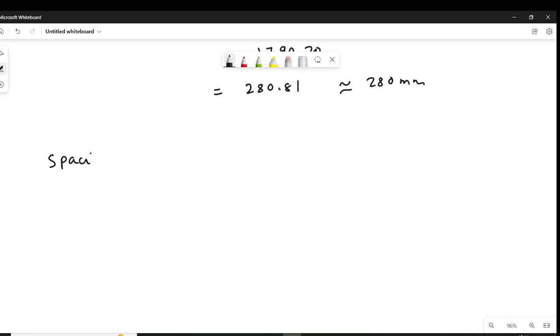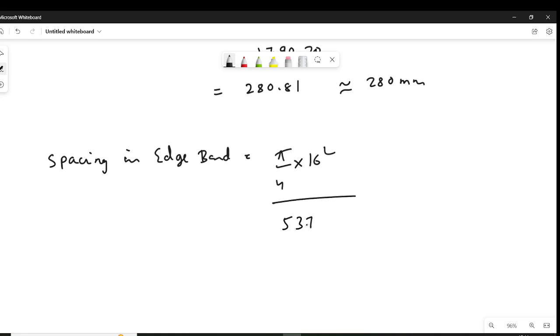Spacing of reinforcement in the edge band equals pi by 4 into 16 square divided by area of reinforcement in the edge band, which already we have calculated, into width of the edge band.